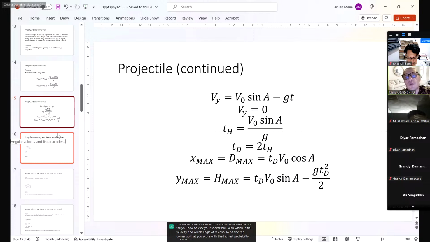If you hit the top corner, usually you score in soccer, yeah? Any questions about projectile and about collisions in soccer? Any questions about anything?